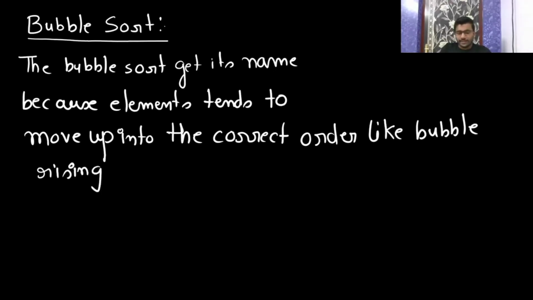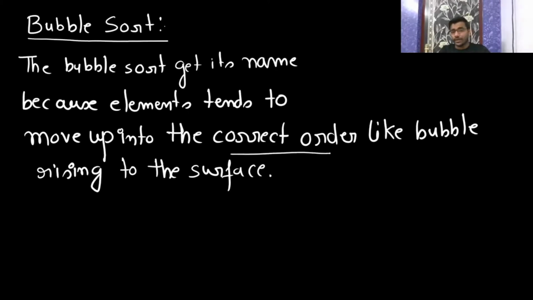The way a bubble rises to the surface, in that way we are going to make the elements sorted. So bubble sort gets its name because elements tend to move into their correct order, like a bubble rising to the surface.